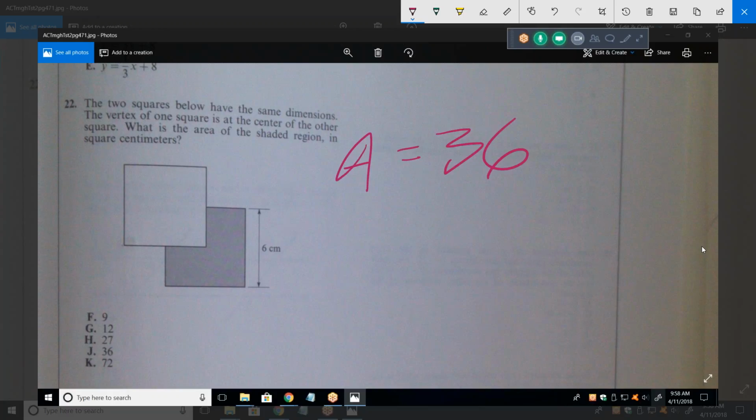What percentage is the shaded region of that white square? 1/4. 3/4. Right? It's missing this corner right here, which is 1/4. But it wants this area right here, so it needs 3/4 times 36, which is 27.